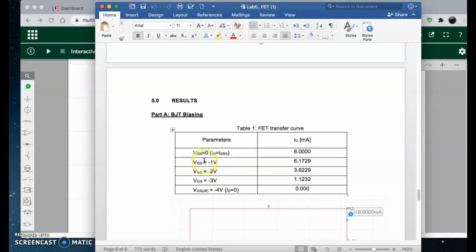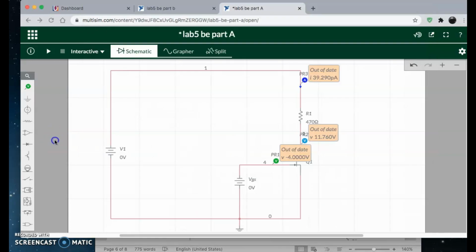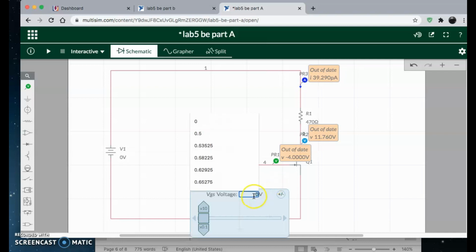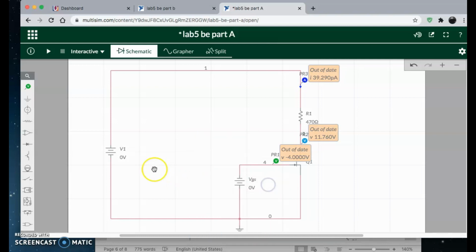So for part A, find the value of VGS. If VGS is 0, we find how to get the ID quantity. So for this VGS, we take 0.